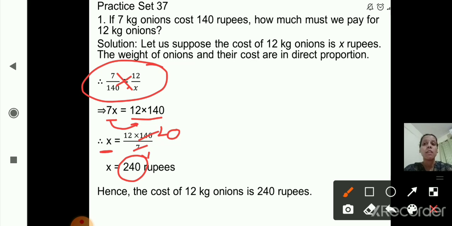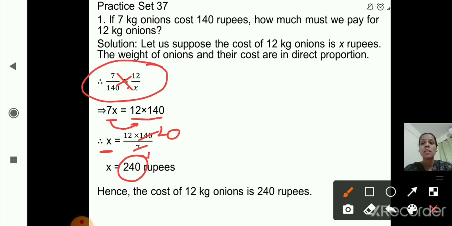7 kg of onions cost 140 rupees. We have to find out the cost of 12 kg onions, so we will consider it as x, and the weight of onions and their cost are in direct proportion. So 7 upon 140 is equal to 12 upon x. Here we will do cross multiplication: 7 into x is equal to 12 into 140.